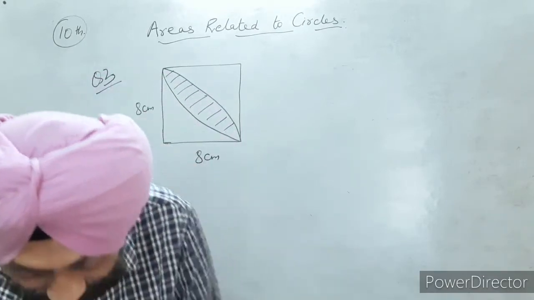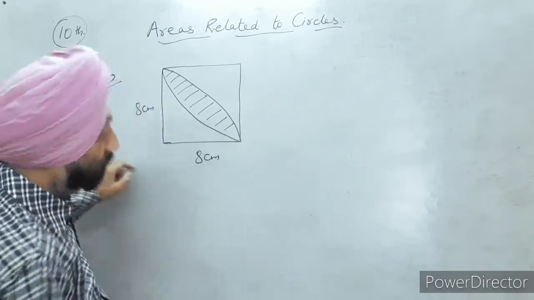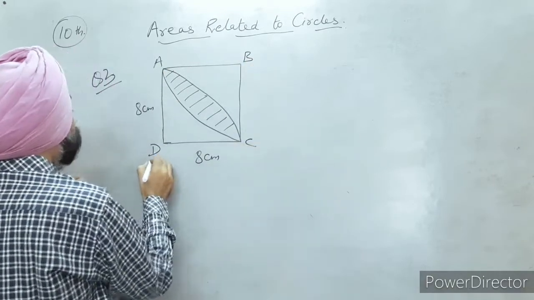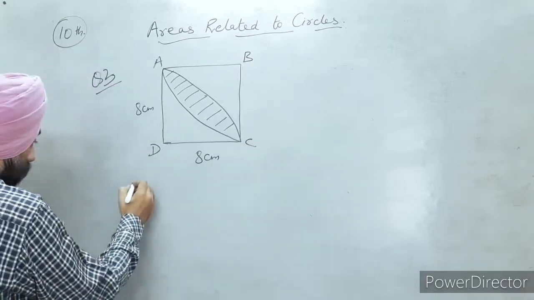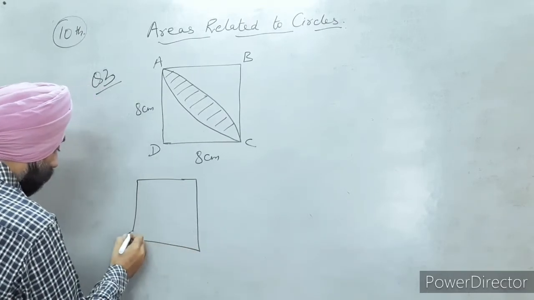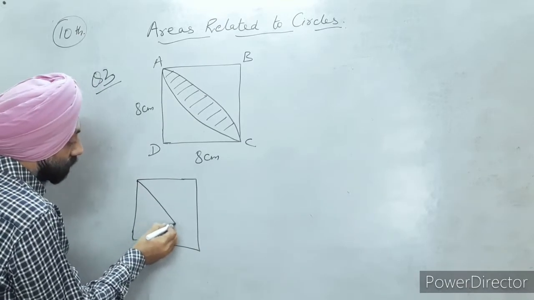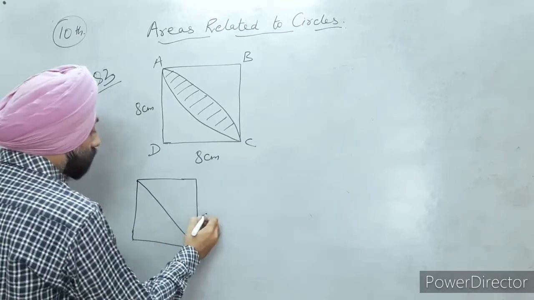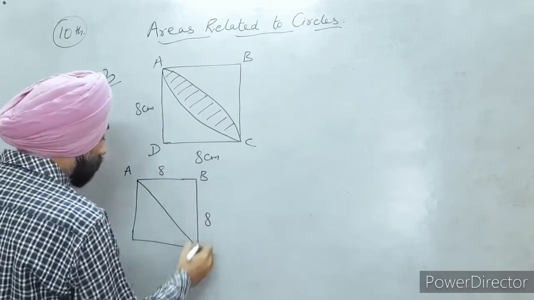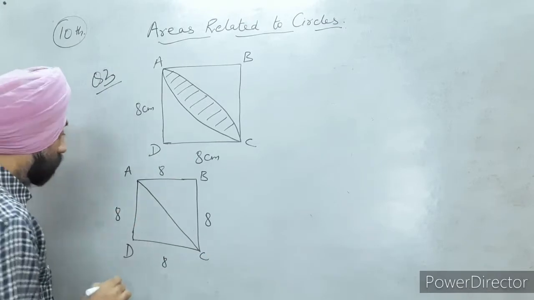Now, first of all, let me name this A, B, C and D is a square. Now let me draw it again. This is 8, this is 8, this is A, B, C, D. All the sides are 8 since it's a square, right?